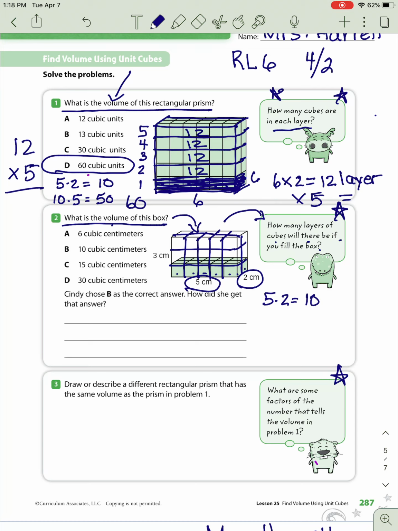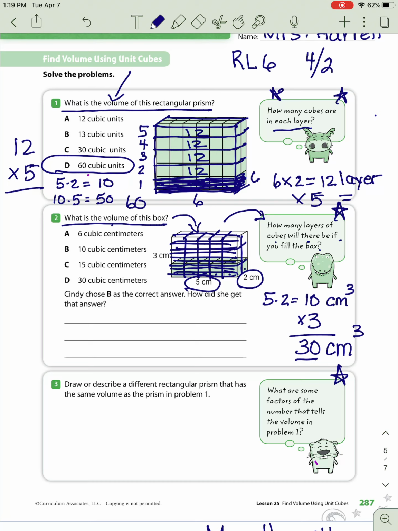Well, 5 times 2 is 10. 10 centimeters cubed, right? And we have 3 layers. Here's 1 layer, 2 layers, 3 layers. So our answer should be 30 centimeters cubed.